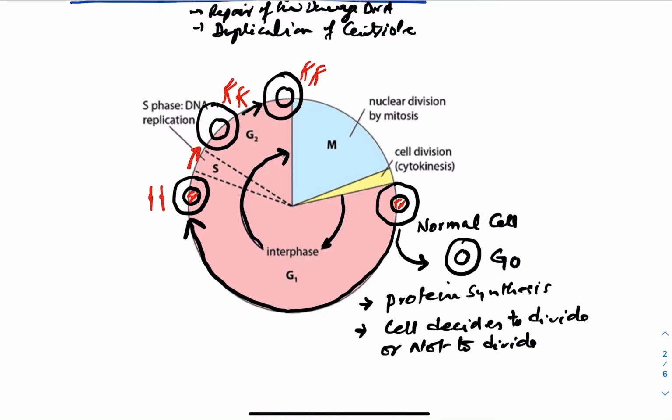Now during this M phase, which is mitosis, the nucleus of this cell is divided into two, and finally at the end of cytokinesis, this cell is divided into two daughter cells, each with two chromosomes. This is the normal cycle of a cell.